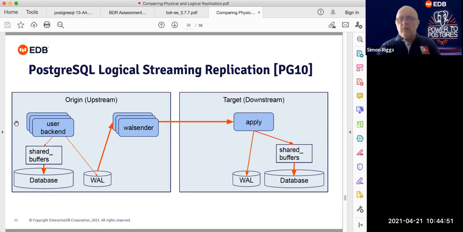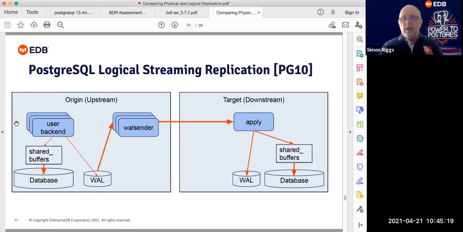You'll see that the physical and the logical are actually fairly similar in their architecture, and we want it to be as similar as possible. There's no reason to make them different just because we could. But what that means is that both of those architectures can be slowed down if we need to do excessive I/O on the target node.